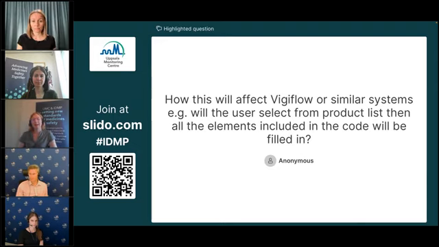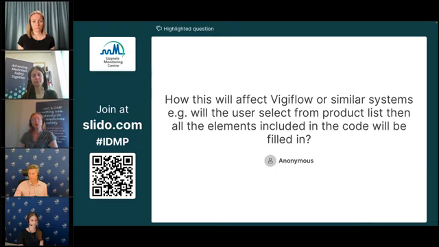Yes, we haven't looked exactly at the implementation, but what we envision in Vigiflow is also a combination of using WHO-drug and the new global identifiers, so that if a patient reports what's on the package, you can use WHO-drug, and usually you will recognize that information, and then that is linked to the PhPID and the global substance ID, and then that information is further linked to more granular information.